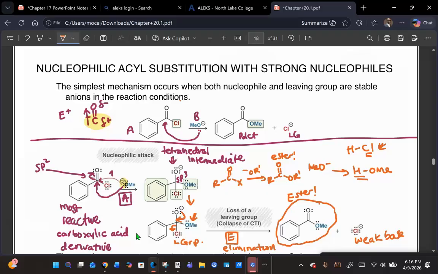So this process from acid halide to an ester is an AE mechanism.